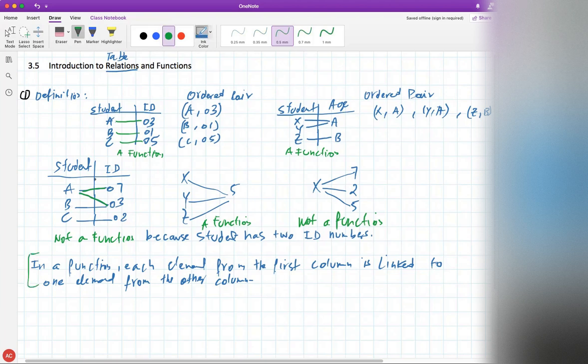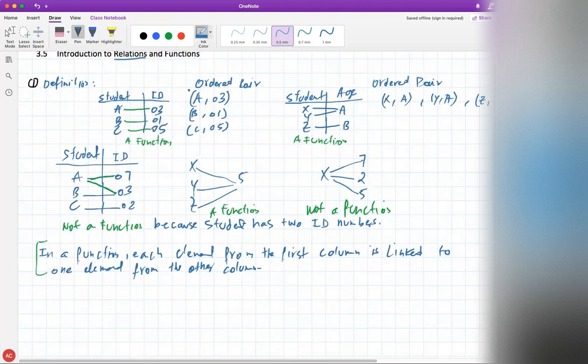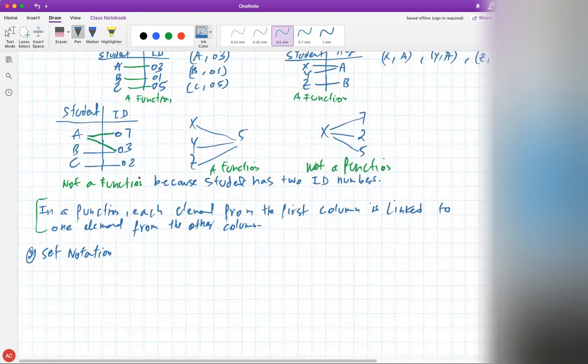Let's look at it from a different perspective, without looking at the lines in the table. When you write the table in this form, this is what we call set notation. And from that set notation, we can also tell whether something is a function or not easily. I'll show you how.